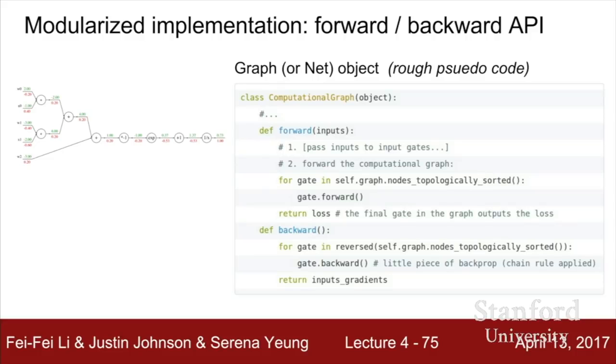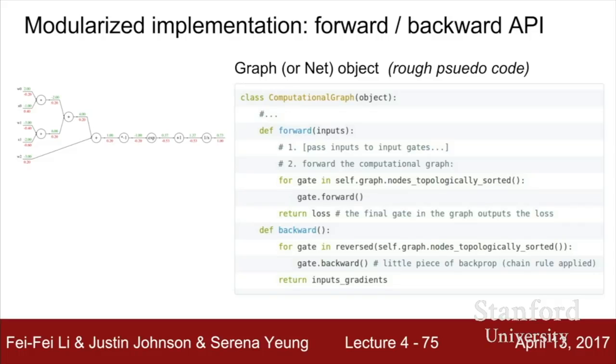When we implement this in code, we do it exactly the same way. For each gate, we implement a forward function and a backward function, where the backward function is computing the chain rule.